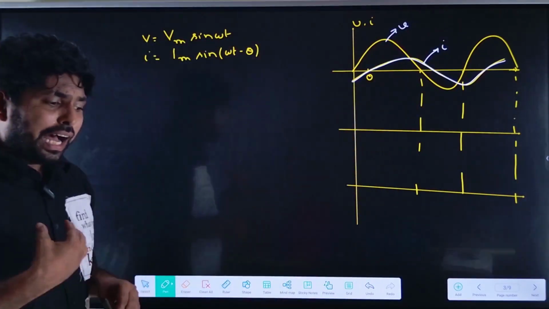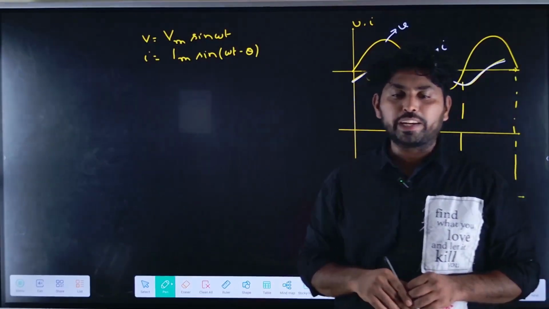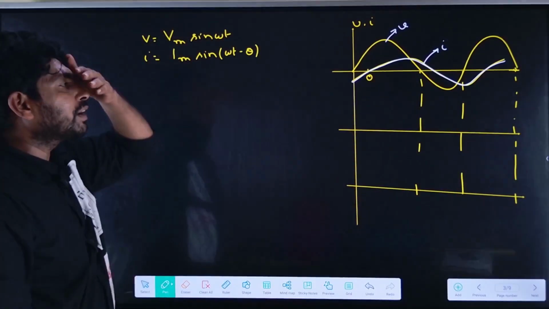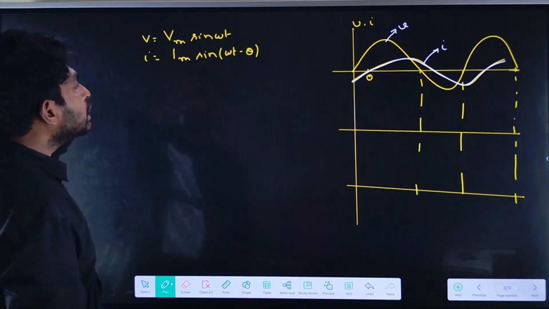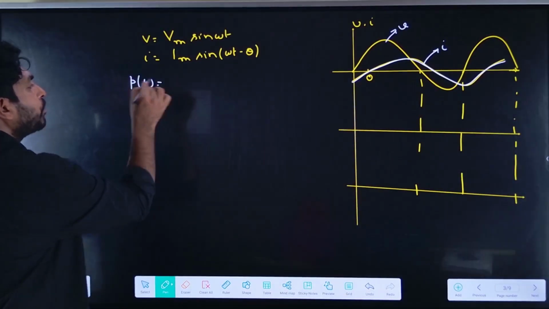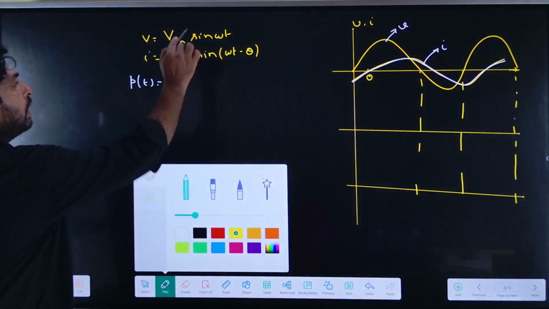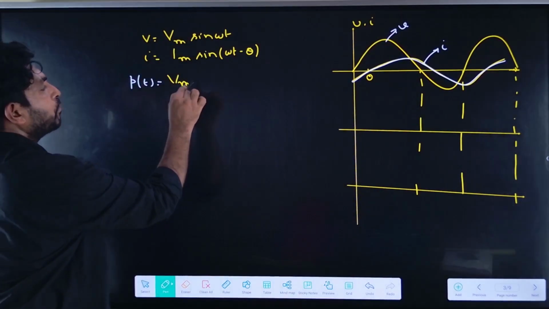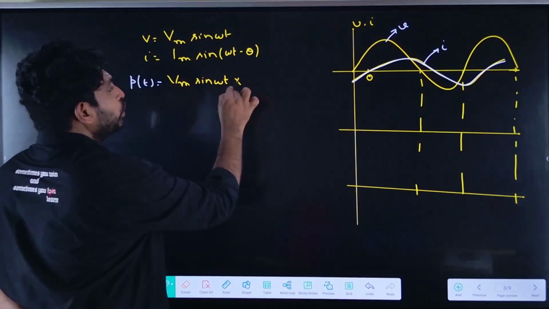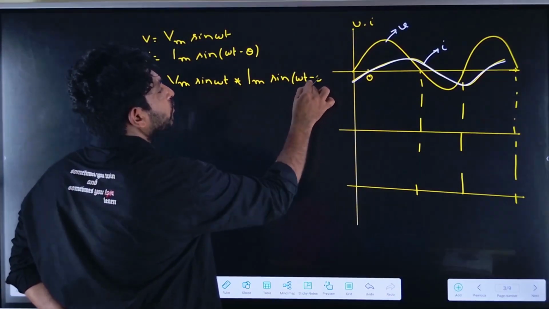Now I want to find the active power and reactive power. How could I find them? p(t) = Vm sin ωt × Im sin(ωt − θ).